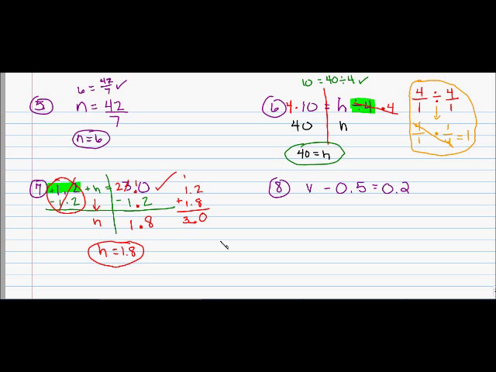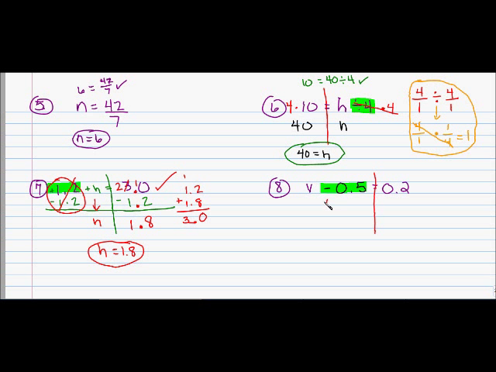Number 8. Get my highlighter. I have a negative 0.5, or negative 5/10. I'm going to draw my line down the equation so I know what I do to one side, I do the other side. What's the opposite of a minus 5/10?